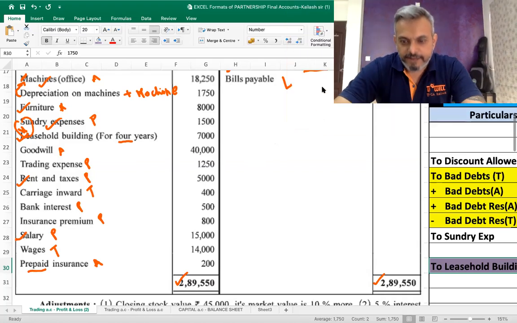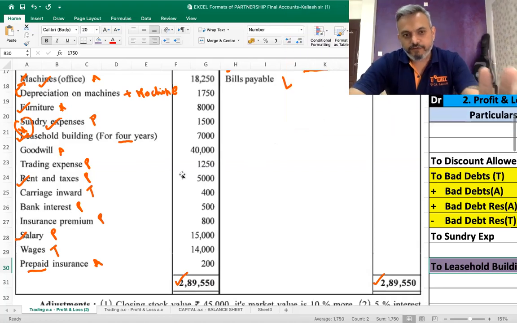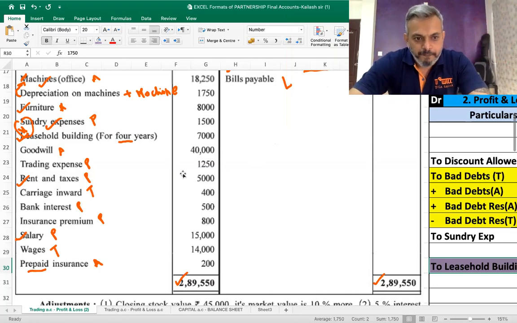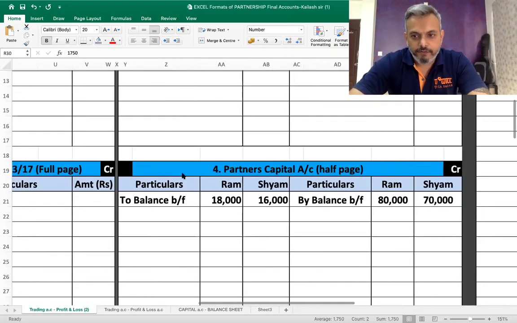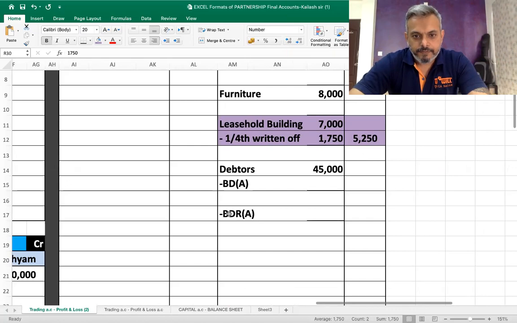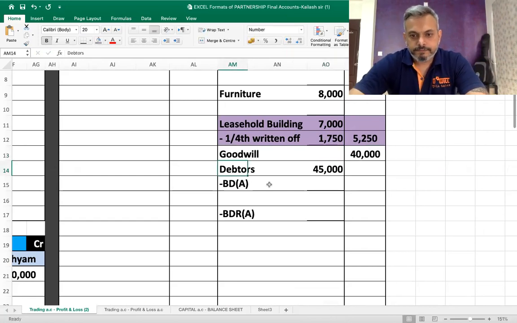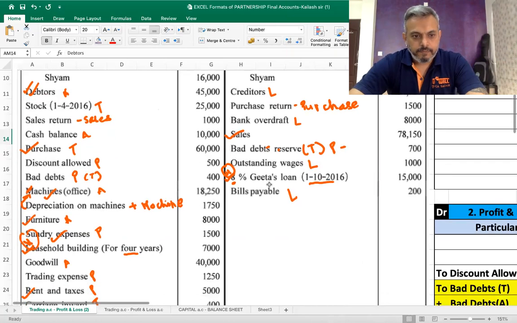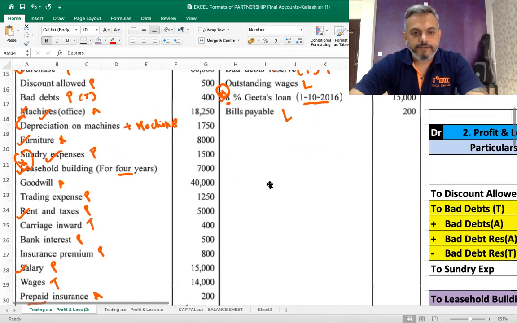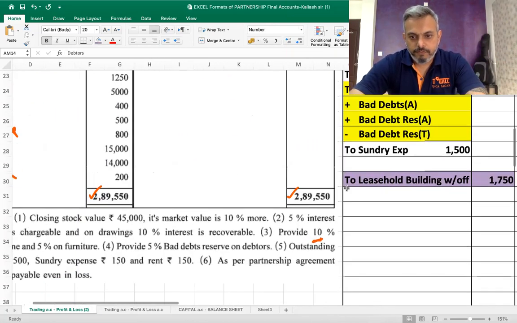So we solve hidden adjustment along with posting of items of trial balance itself. Then goodwill 40,000. Outer column 40,000. Trading expense 1250.